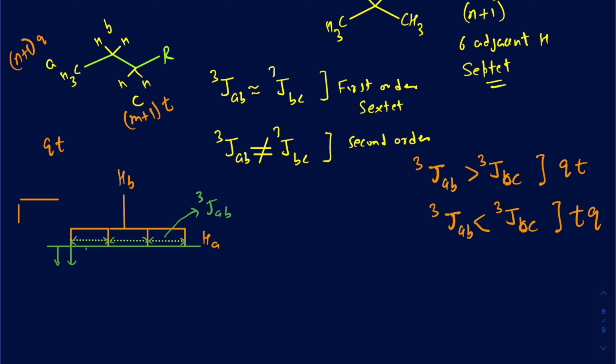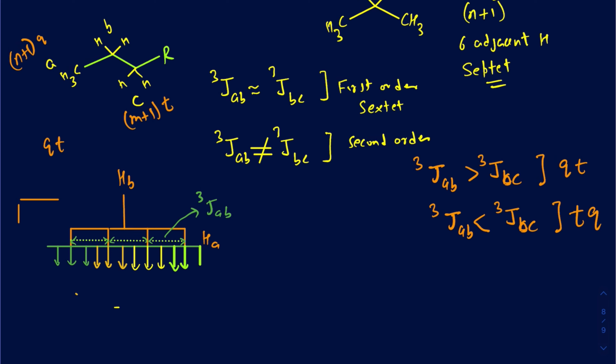That's 3 signals from this left one. And then I would have 3 signals from the next one, something like this. So their coupling constant needs to be the same. And then I would have the next set of signals from the third one here, and the next set from this last one here.